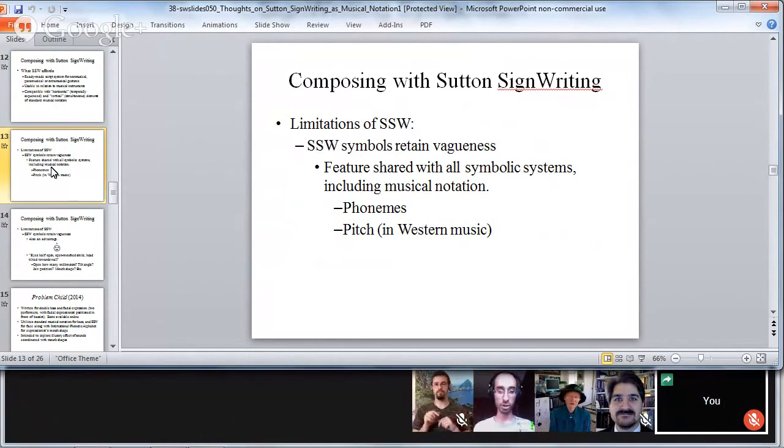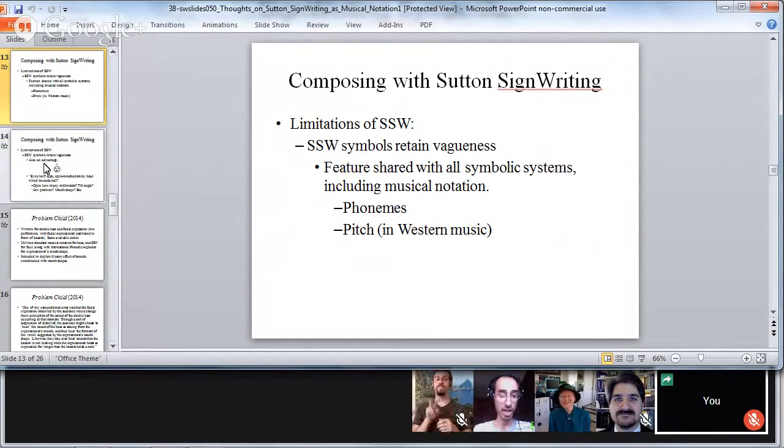So there are interesting limitations to Sutton SignWriting as well. Vagueness, I'm not sure is the right word, but what I mean is that these symbols retain vagueness, which is something that's shared by all symbolic systems, including notation. So, for example, if I write the note E for a performer, which is like what Bach would have done if he was writing for piano, that could mean a range of things. Does it mean 230 hertz or like 239 hertz?